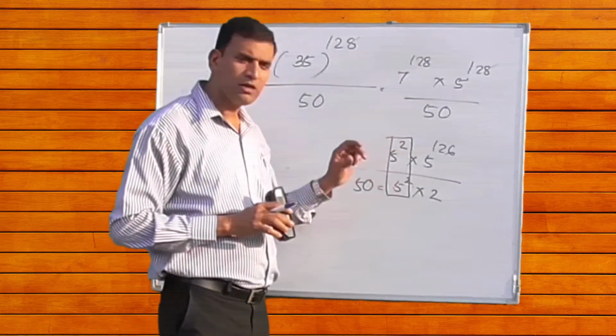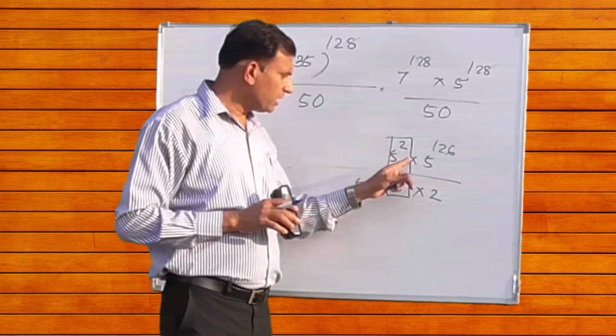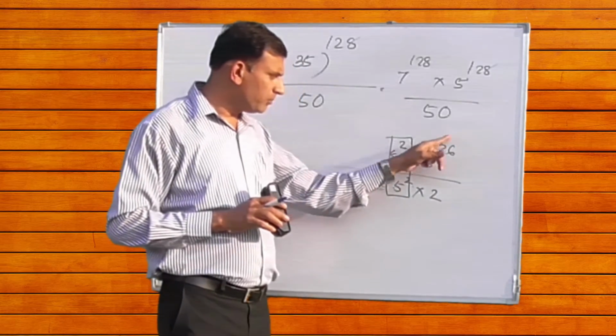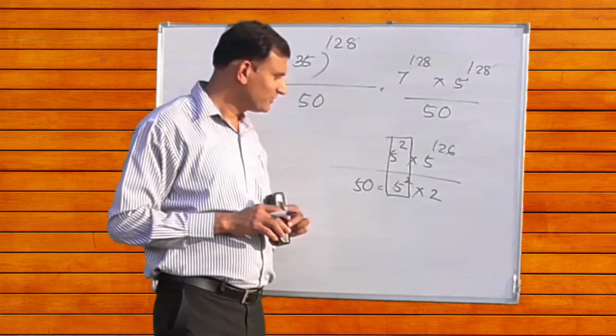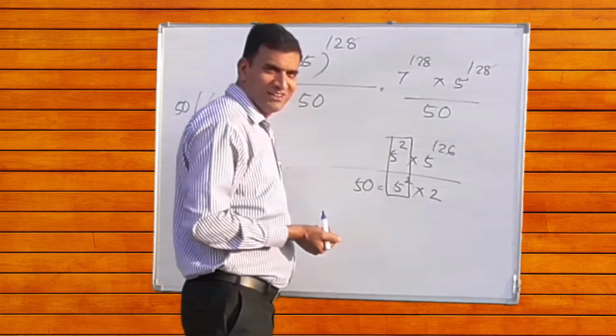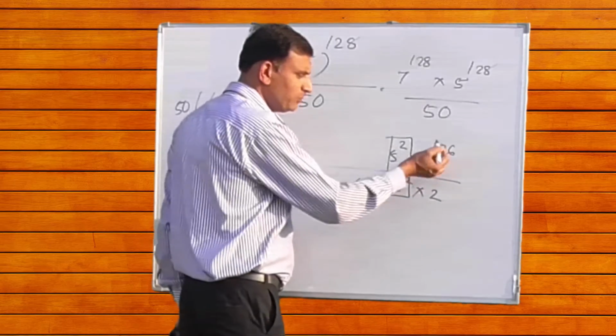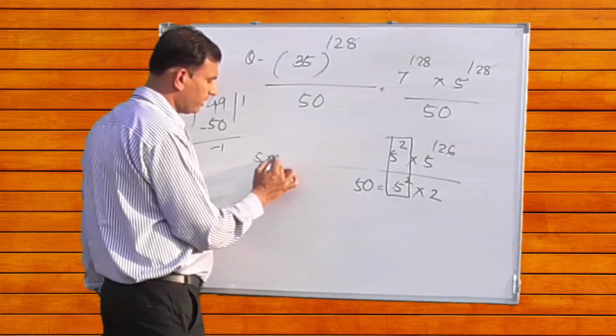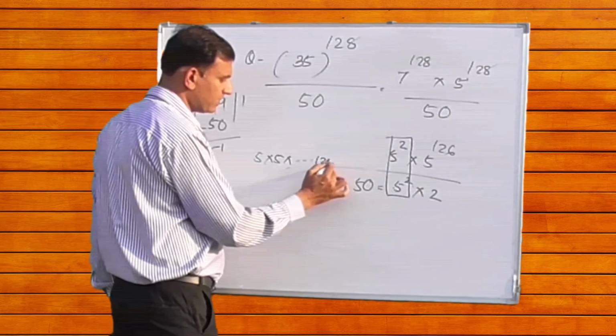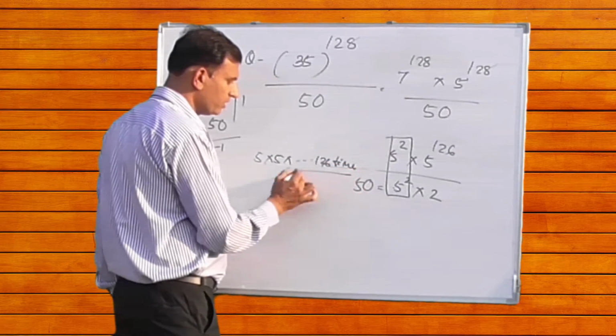This is the common part. I have to find the remainder of the remaining part. 2 twos are 4. 5 to the power 126 can be written as 5 into 5 into 5, up to 126 times, divided by 2.